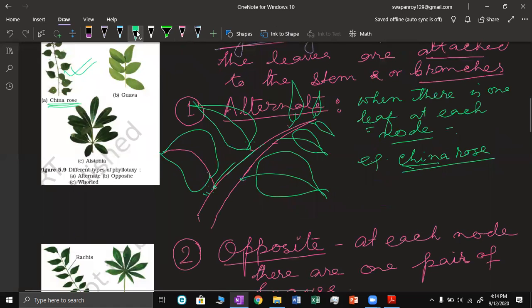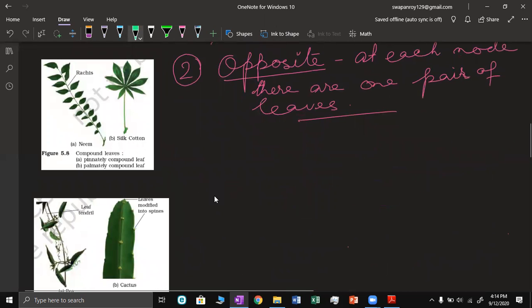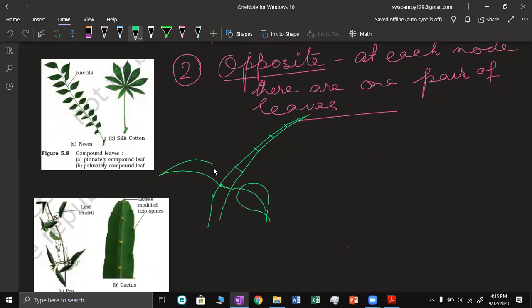Say if this is the stem axis and this is one node, another node, one leaf is here, and exactly on the opposite side there is another leaf.